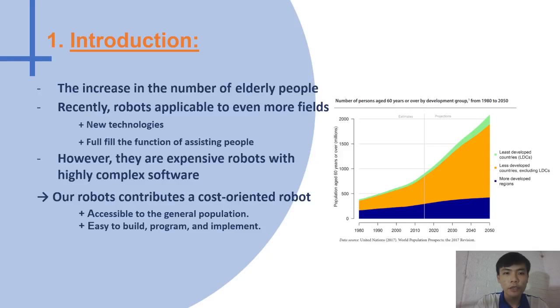In the near future, robot use will be necessary because there will not be enough people to meet the elderly's needs. Recently, robots are applicable to even more fields, with new technology fulfilling the function of assisting people.